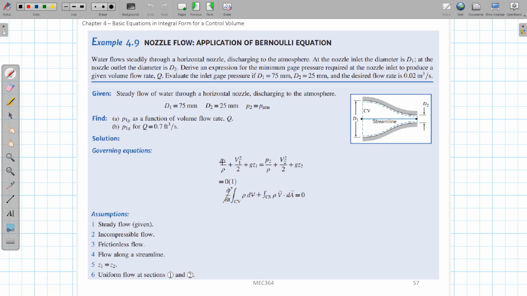So we also have conservation of mass we can use here.